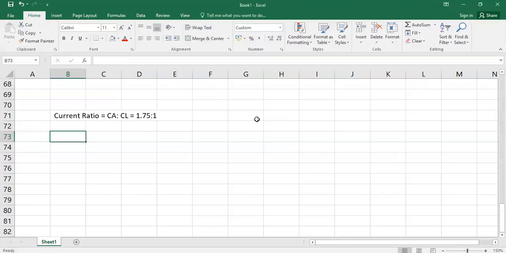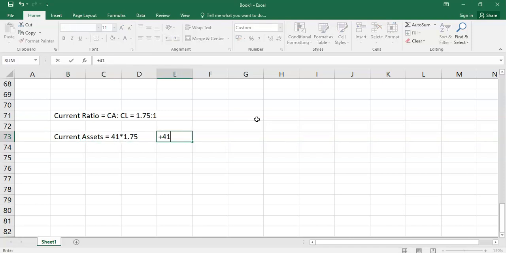So in this case, our current assets, see the way you're trying to work back, are going to be 41 times 1.75, which is 71.75 to be exact. So that's what your current assets are. Did you spot that in the question? Did you know what you were looking for? So our current assets are 71.75.